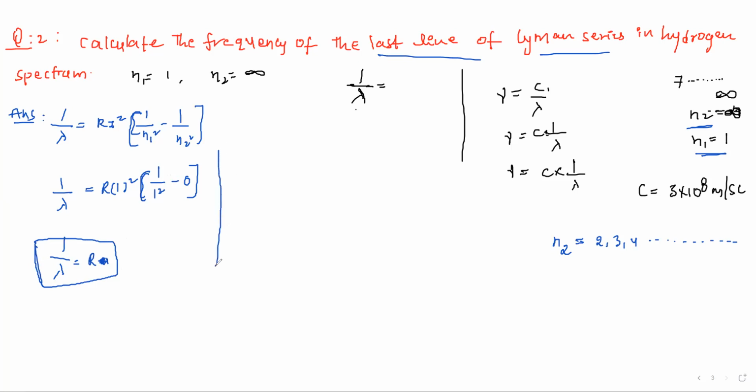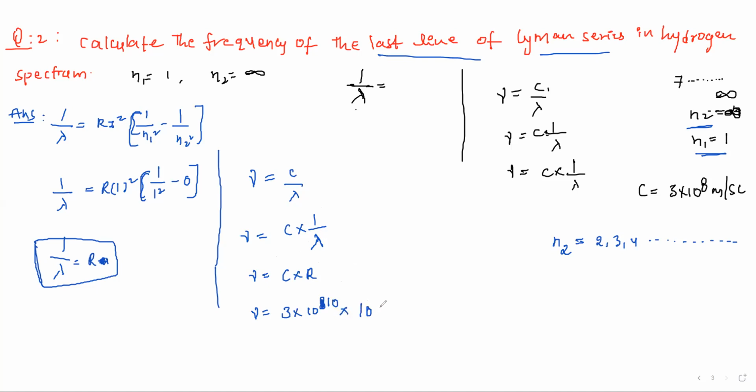Now we have to calculate the frequency. The frequency nu equal to c by lambda, and that is nu equal to c into 1 by lambda. And the 1 by lambda value we know already, that is R. So nu equal to c into R, with c value 3 into 10 to the power of 8 meter per second. If it is centimeters, 10 to the power of 10 into Rydberg constant.